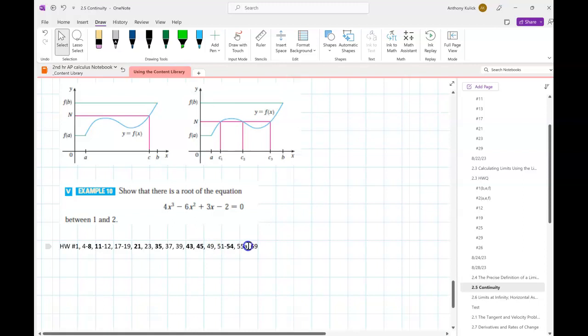Up to 49, we've done enough. 49 and above, we haven't quite got to. Don't worry about 54 because we haven't talked about the intermediate value theorem. But you guys should be able to do up through 45.